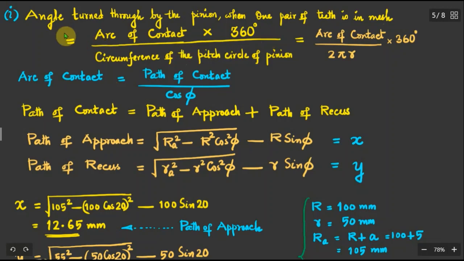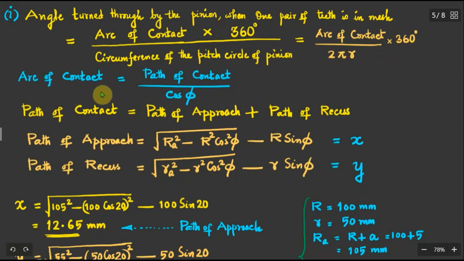So the angle turned through by the pinion when one pair of teeth is in mesh is equal to arc of contact divided by 2 pi times small r, into 360. Similarly, the angle turned through by the gear wheel when one pair of teeth is in mesh is equal to arc of contact divided by 2 pi capital R, into 360.